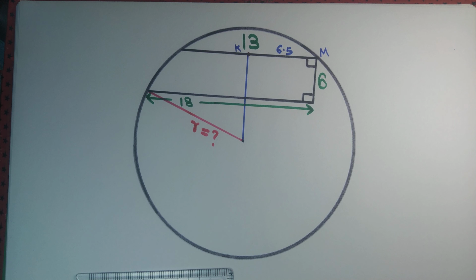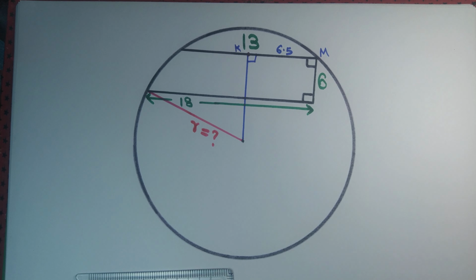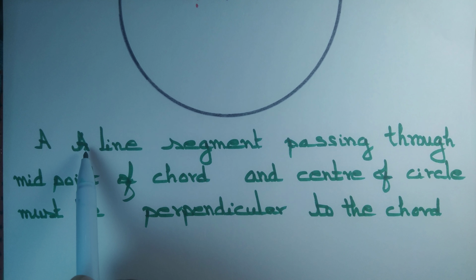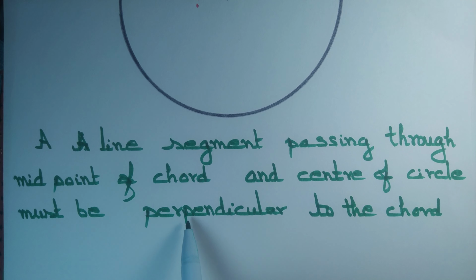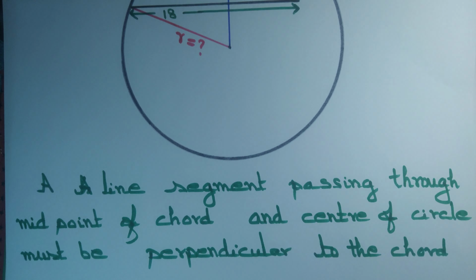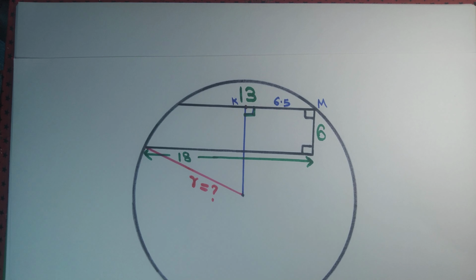Okay, but we want to determine the radius, right? Now, since this is a middle point, we know that a line segment passing through the midpoint of a chord and the center of the circle must be perpendicular to the chord. So this angle must measure 90 degrees.